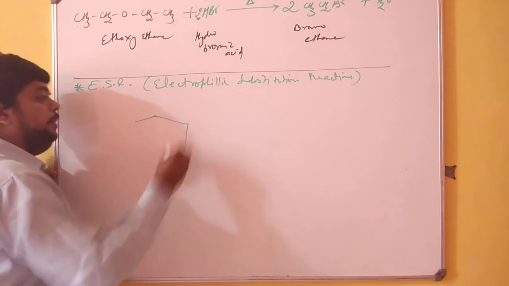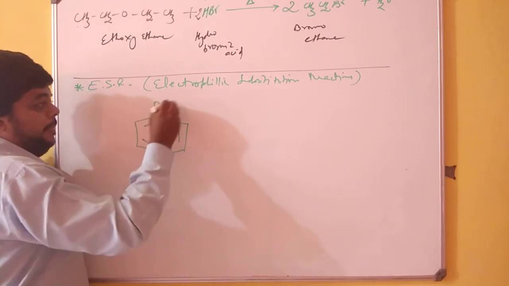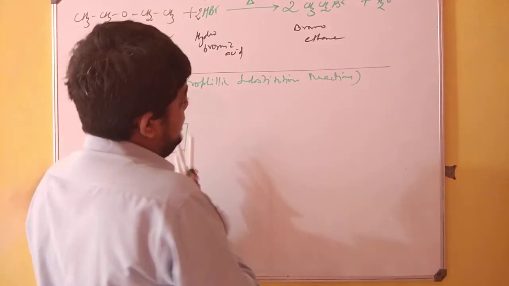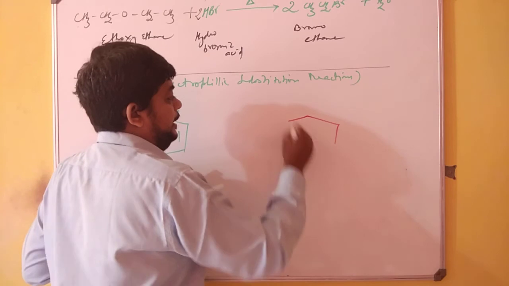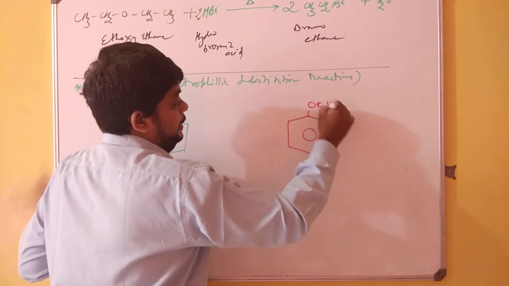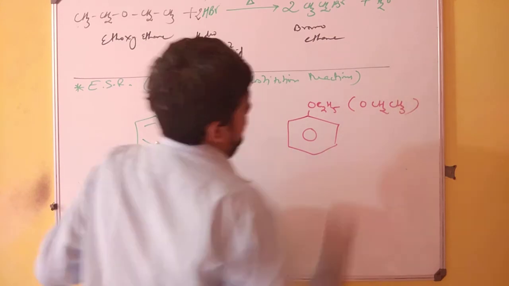So I am going to involve 2 popular aromatic ethers. One is methoxybenzene and the second one is ethoxybenzene. This can also be written as OCH2CH3.